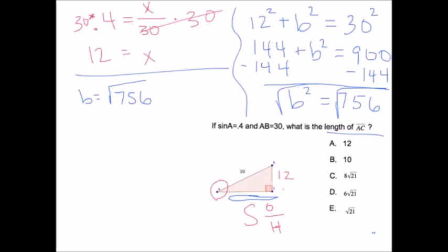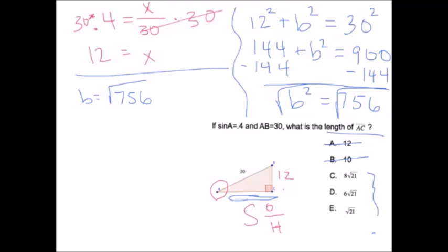Some of you may recall that on the ACT you break down radicals, you simplify them. And in order to do that, you need to find the biggest perfect square factor of 756. Now, using our answer choices, we can get some guidance here. We know that it's obviously not 12 or 10, because it's not the square root of 100. So we know that 21 is definitely a factor of 756 because it's in all three of our answer choices here.